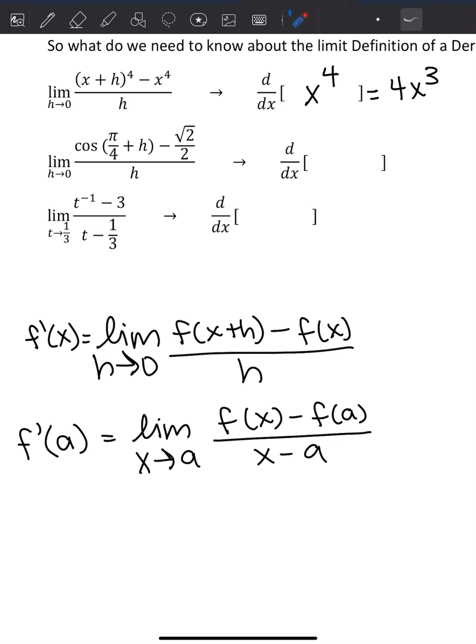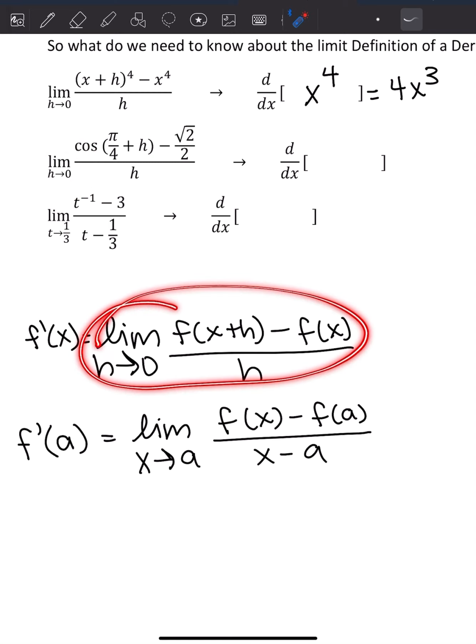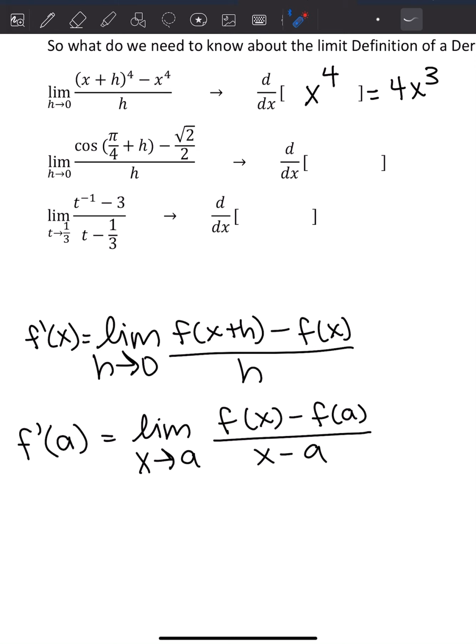This second one, we have another h approaches 0, so we are looking at this first version. The only difference is that we don't have any x's here. So my first go-to would be looking at our function. Well, that's the square root of 2 over 2. But that doesn't really tell us what our function is because that's already evaluated. So if I look here at our x plus h, this looks like cosine of x.